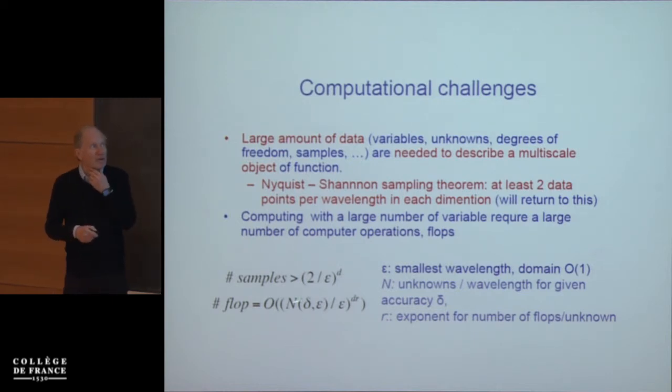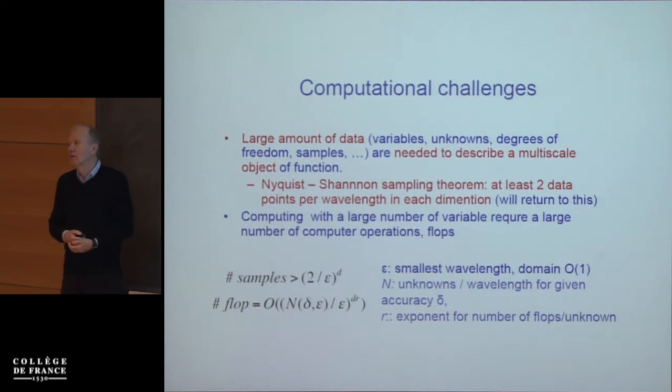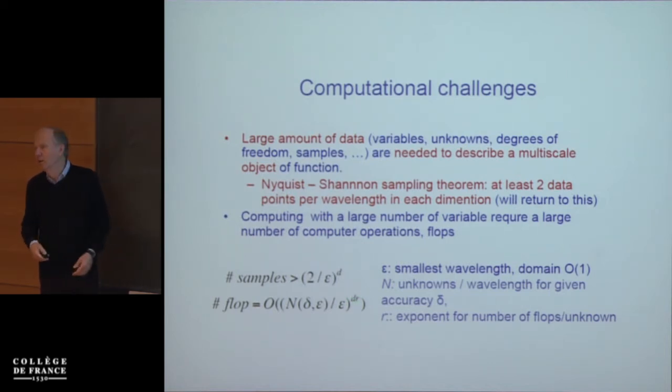It depends on what algebraic problem comes out after the discretization. It could be a dense matrix, and if we solve that by dense matrix Gaussian elimination, R is 3. If it's an explicit method, R is 1. And we have something in between. So the third lecture will be attacking R.